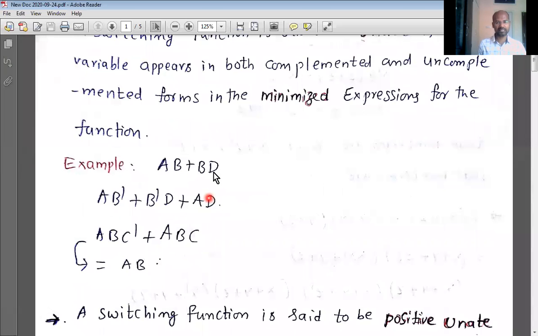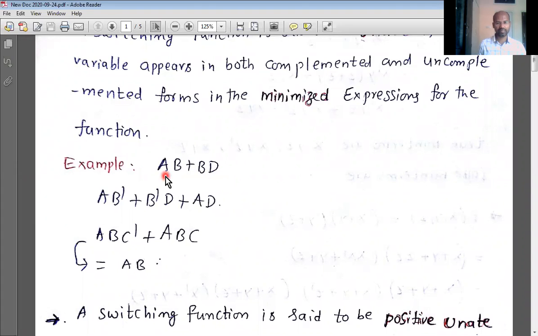Consider this. This is the final minimized expression, and if we notice, A appears only once and B appears twice. In both the places, B is in uncomplemented form and D appears only once.